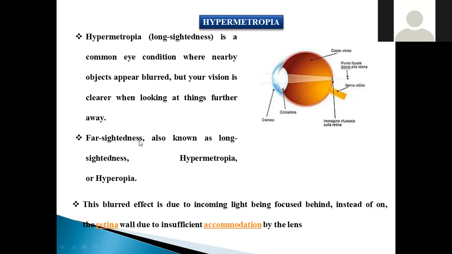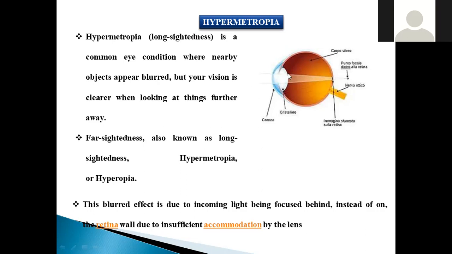This is known as far-sightedness, otherwise long-sightedness. Hypermetropia is also known as hyperopia. The blurredness effect is mainly due to incoming light being focused behind the retina instead of on the retina, due to insufficient accommodation by the lens.